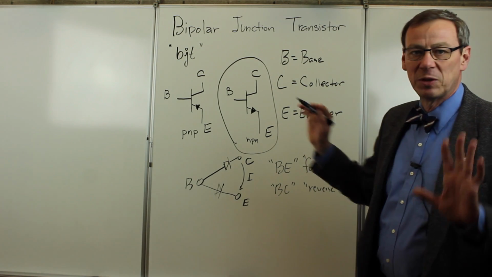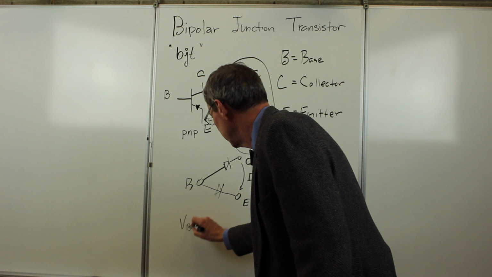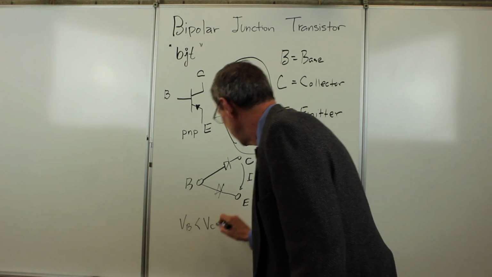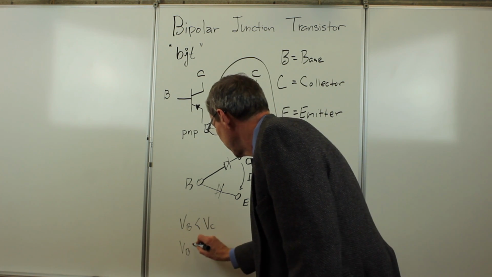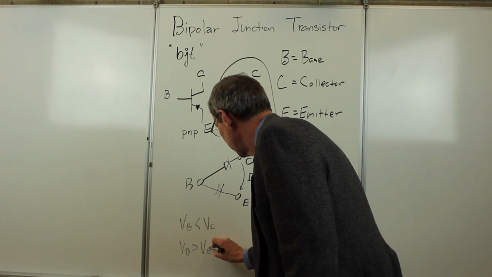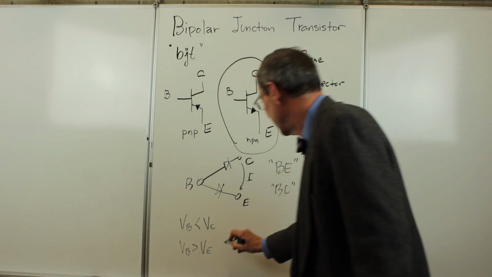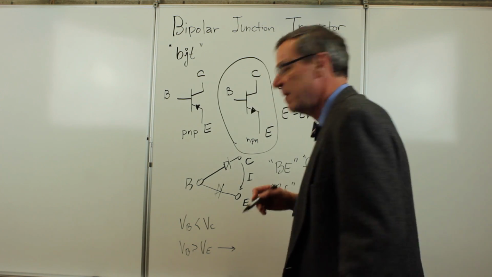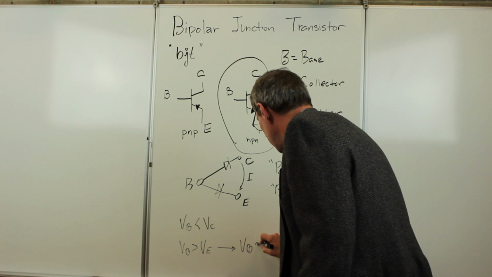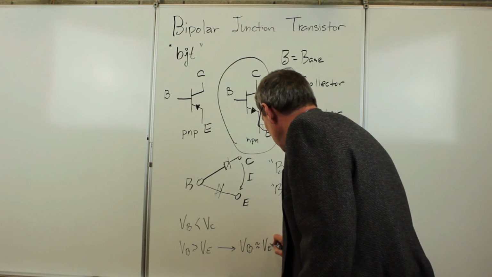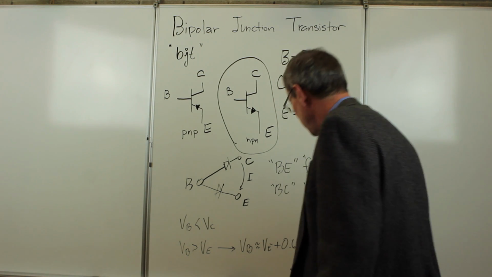That sort of says if we're going to apply DC voltages to these, then VB is going to be less than VC to reverse bias that junction, and VB is going to be greater than the emitter voltage here to forward bias that. And in fact, it behaves just like a diode, so if it is forward biased, then we can use our diode approximations, and VB is approximately VE plus one diode drop, or 0.65 volts.